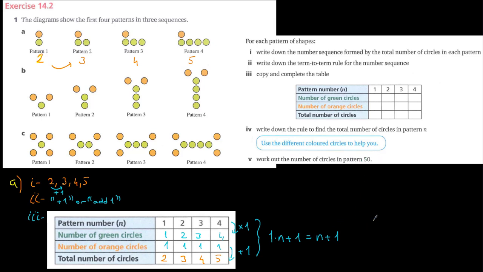This is the last one now, the 5th answer. The 50th term, the formula is n plus 1, so it's equal to 50 plus 1, which is equal to 51.